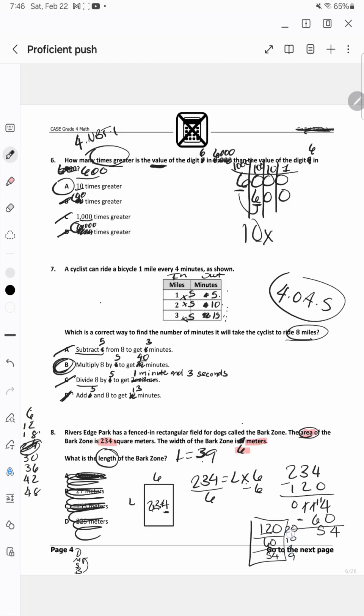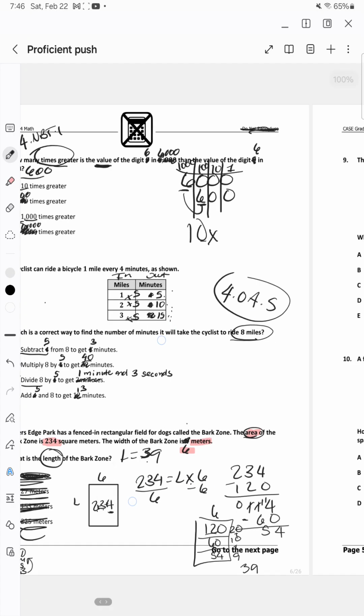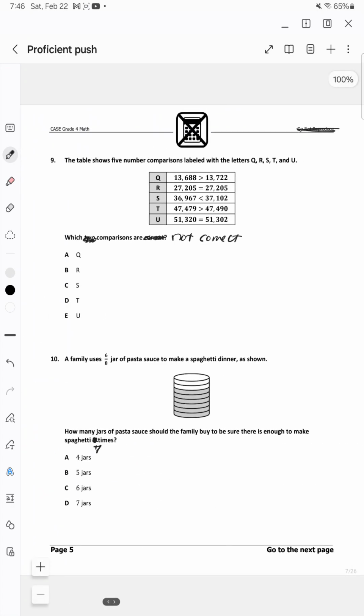And again, 20 plus 10 plus 9 is still going to be 39. So like I said, area model division can work. It might even be easier, or the standard algorithm, long division: divide, multiply, and subtract. All right. This says which comparison is not correct.